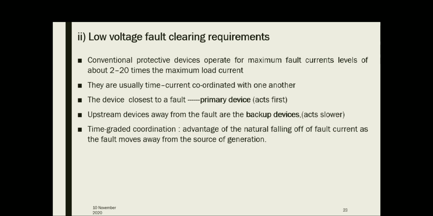These devices are known as the primary devices, while the devices away from the fault are known as the backup devices. During any fault, the backup devices are adjusted to operate slower than the primary devices at the maximum fault current that flows through both of them, even though both detect the fault.